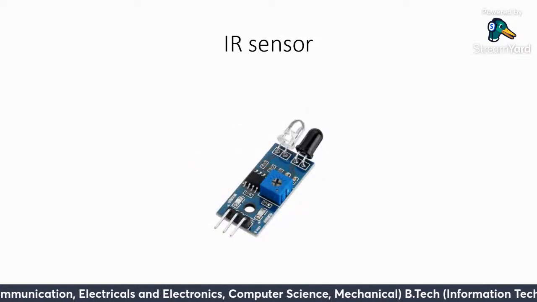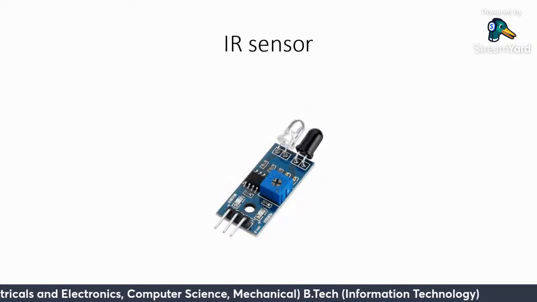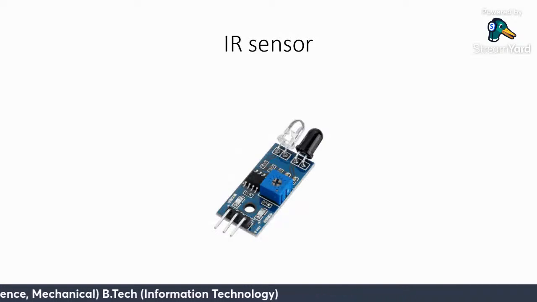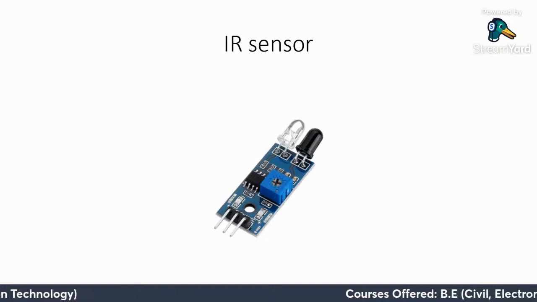And this one is the IR sensor. Mostly it is used for edge avoider robots. By using this also, we can do smart AC load control.